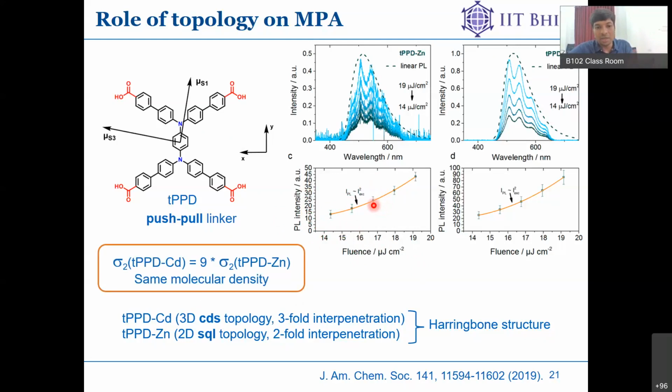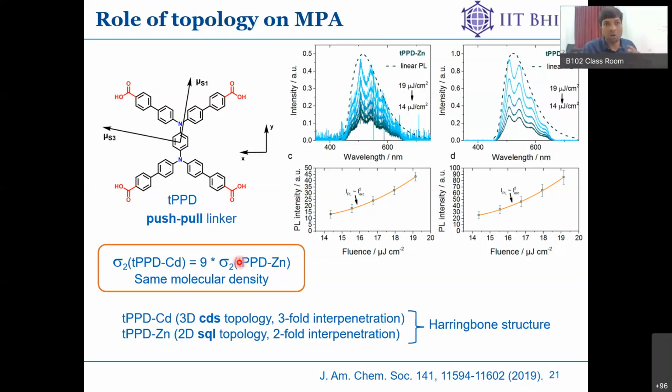And as I said, the J aggregation of cadmium is much better than zinc, and of course that is because of the specific topology. Thus, you can see the absorption cross section of the cadmium framework is almost 9 times higher than the zinc.